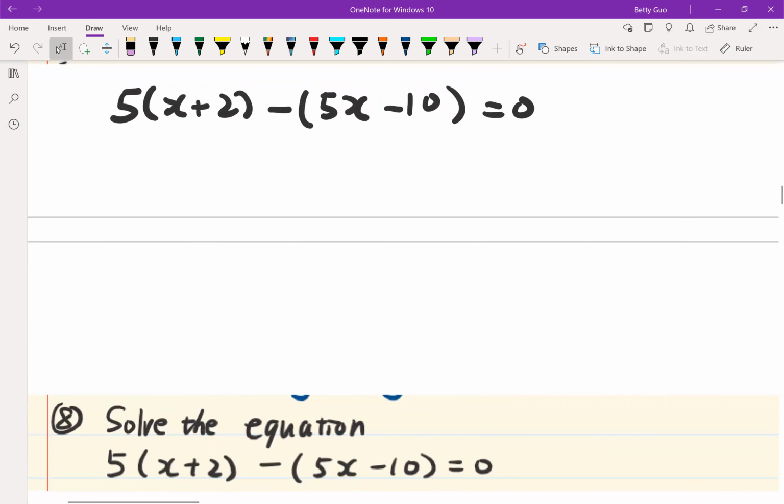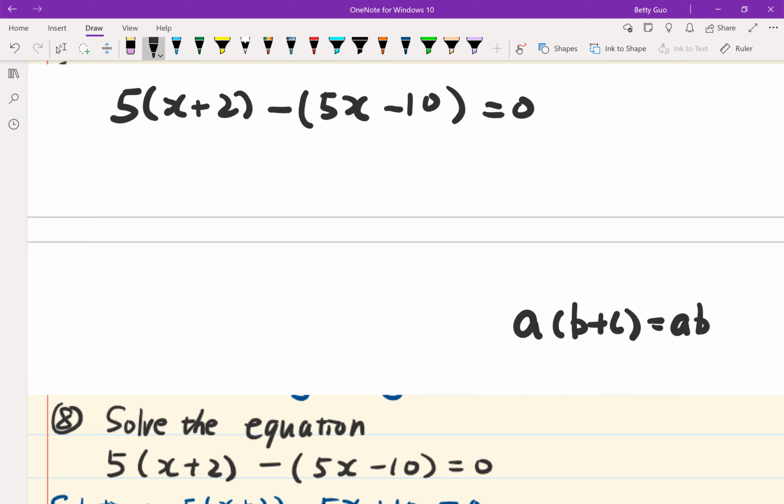Solve this equation. You see 2 parentheses, so you're going to apply the distributive property again here. Distributive property: A times parentheses B plus C equals A times B plus A times C.